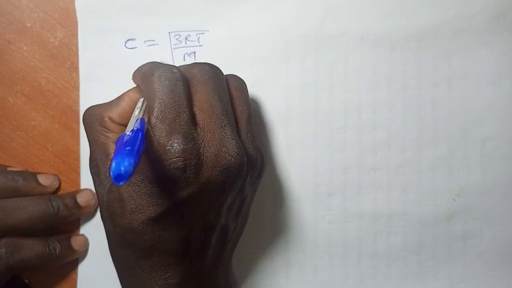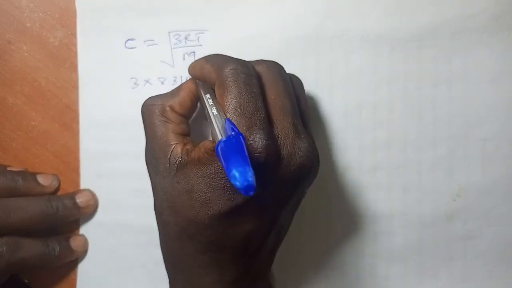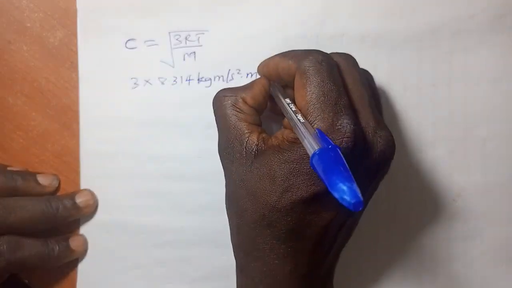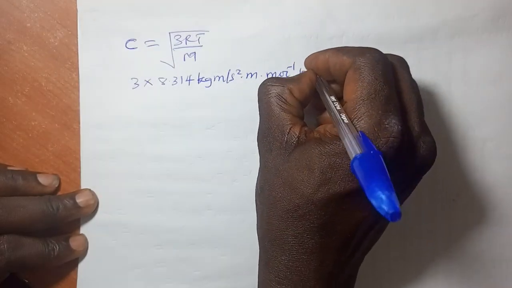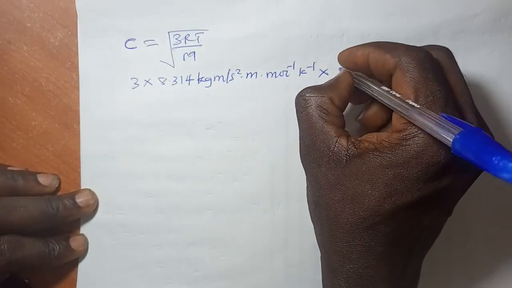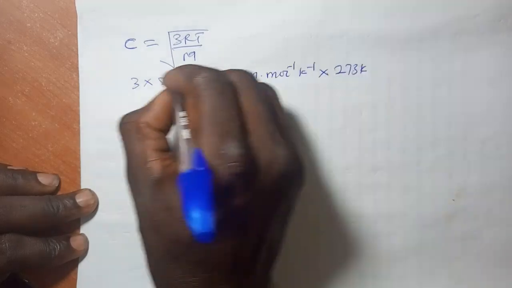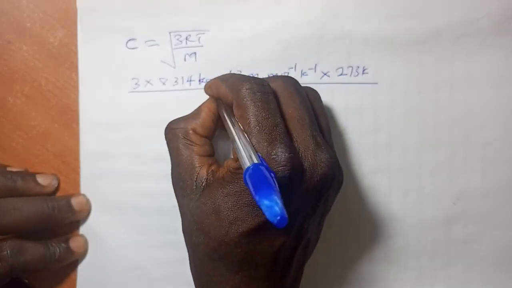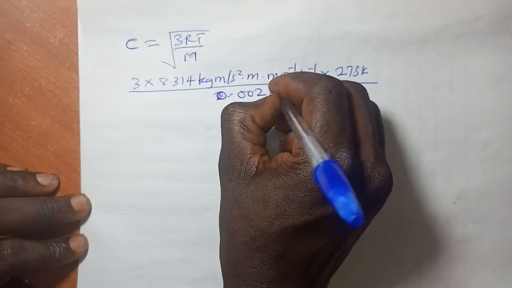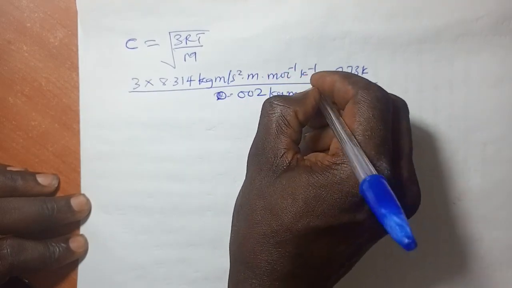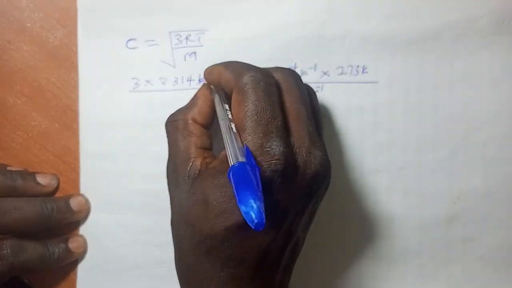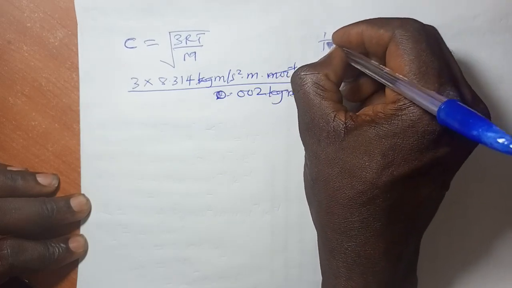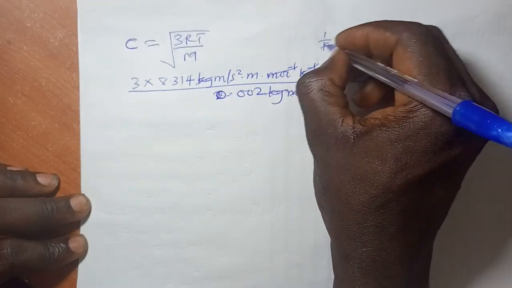So this will still give you 3 times 8.314, in kilogram meter per second square meter, then per mole per Kelvin, times temperature, which gives you 273 Kelvin, all divided by the molecular weight, which is 0.002 kilogram per mole. Remember, this will cancel this. Kelvin will cancel per Kelvin. Per Kelvin is 1 over Kelvin, times Kelvin, so it will cancel.